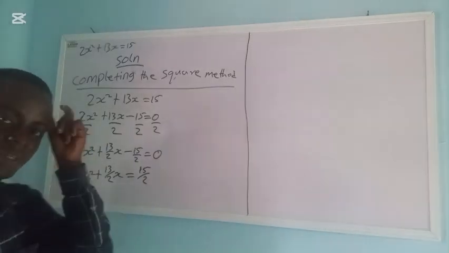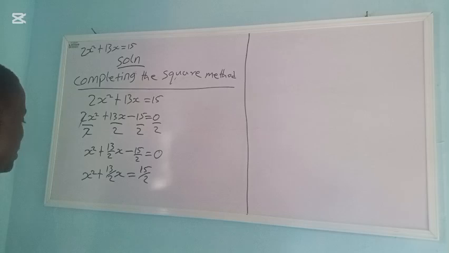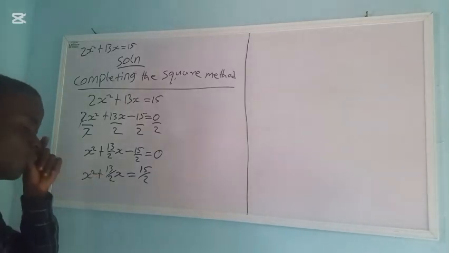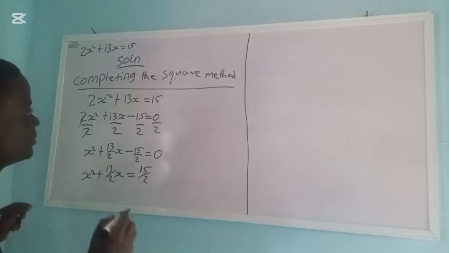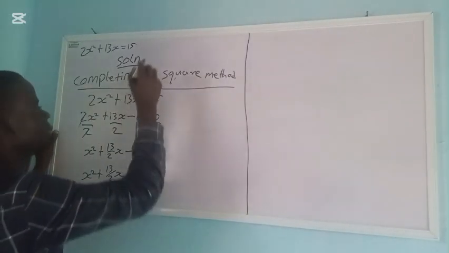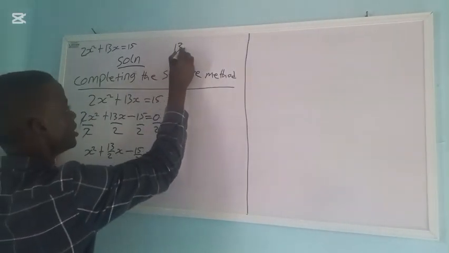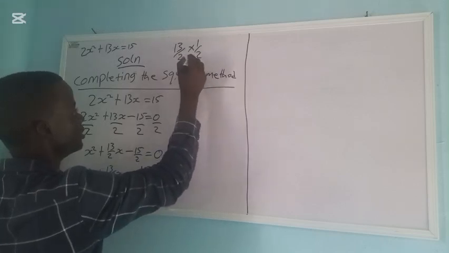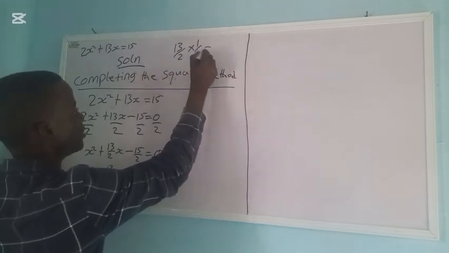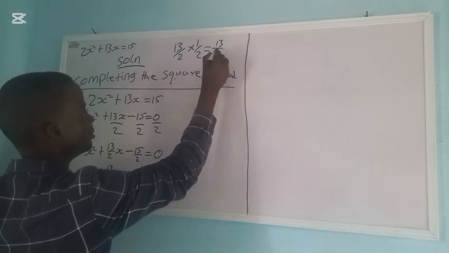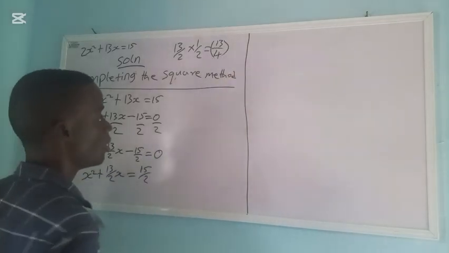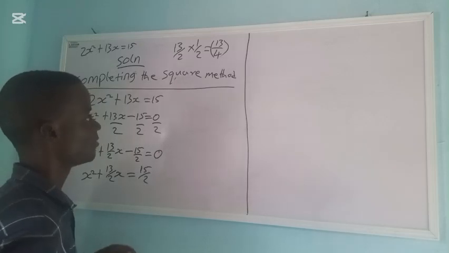Now, the second step is that this 13 over 2, we will multiply it by half and then square it. 13 times 1 over 2, let's multiply it, we will have 13 all over 4.